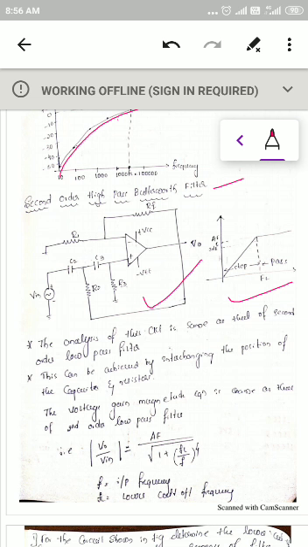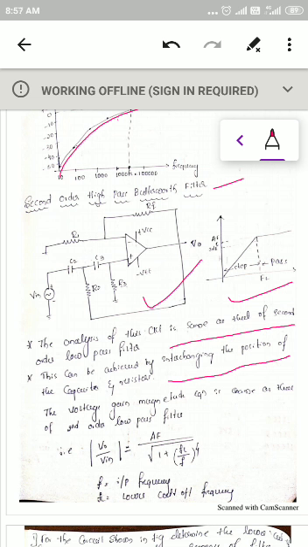The analysis of this circuit is similar to that of the second order low pass filter. Just recall your second order low pass filter circuit, and this circuit almost resembles it. By just interchanging the positions of the capacitors and the resistances, you can make a second order high pass Butterworth filter.